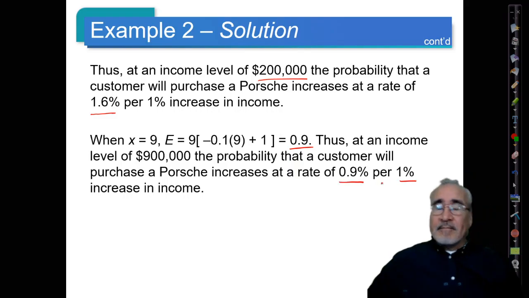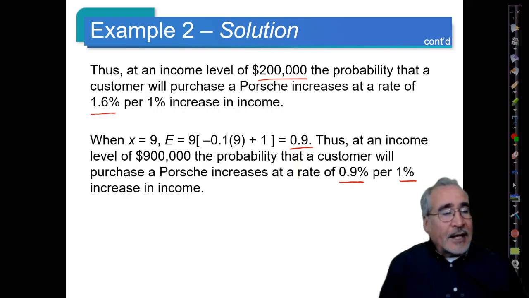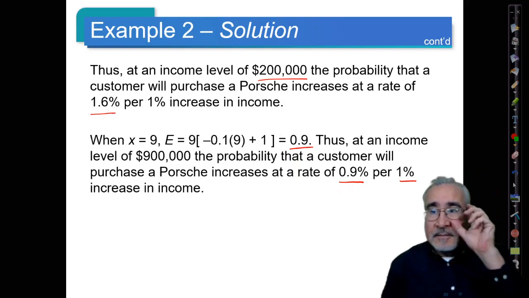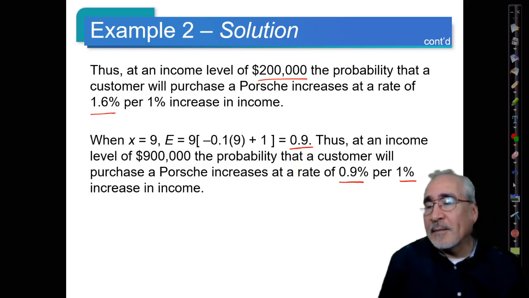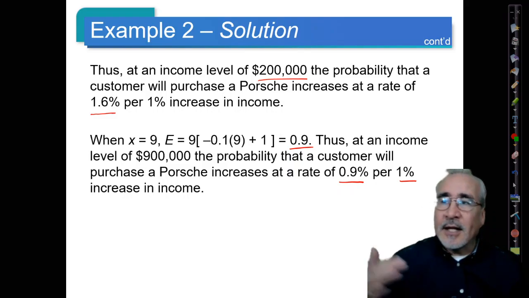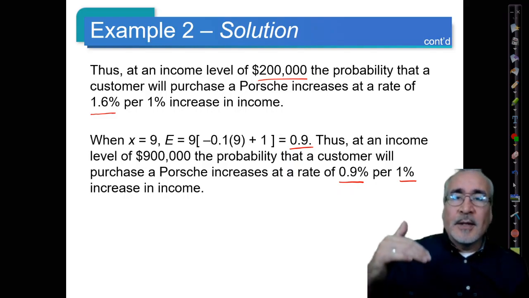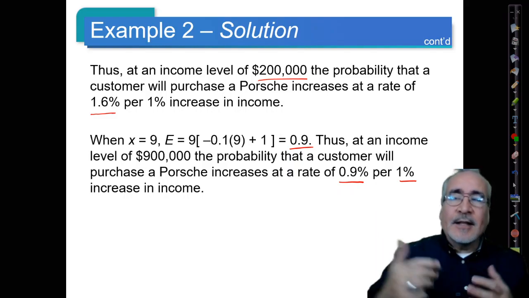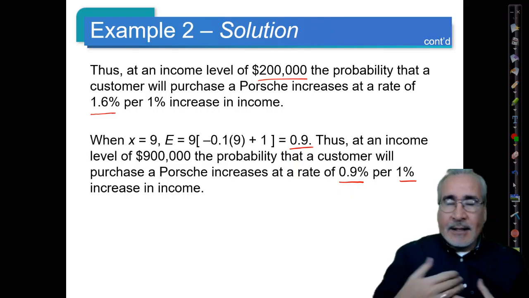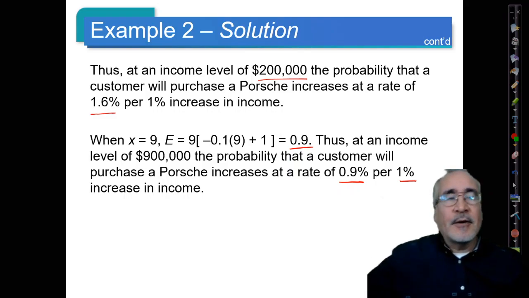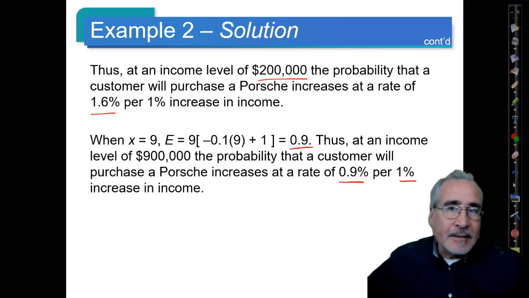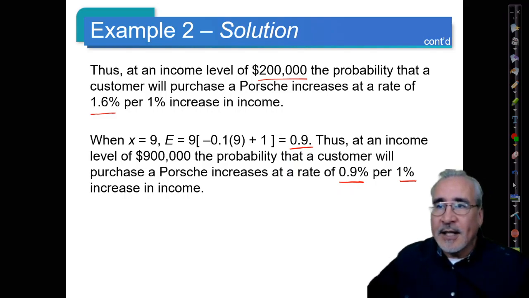So I guess if they've got 900,000 and haven't bought a Porsche already, a little bit more income is not going to make them more likely to buy that Porsche. But at the lower level, probably what's holding back the ability to buy is the income itself. So increasing the income, they're more likely to buy it. At the high level, they already have so much income they could have bought it. If they didn't buy it, there's something else needed besides income. That's how I would explain that.